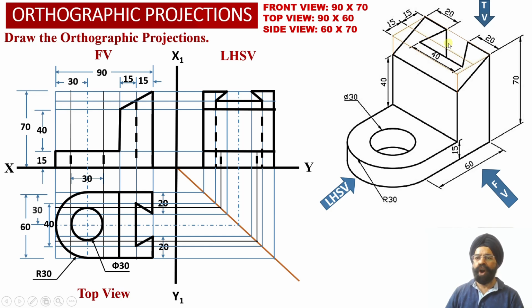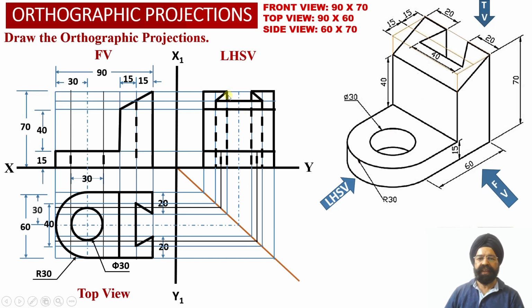Similarly, we have got two vertical edges, one originating from this point and another one originating from this top point over here. Again, these two vertical edges are not visible to the observer from the left hand side view orientation over here.